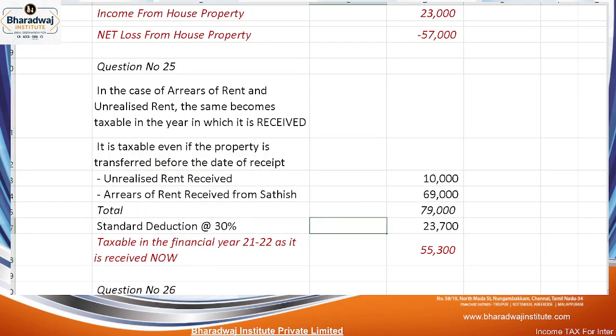Arrears of rent or unrealized rent, whatever it is, recovered minus 30% is taxable. We are not bothered how much was due, how much was adjusted, in which year it was adjusted. If you recover it, it becomes taxable.